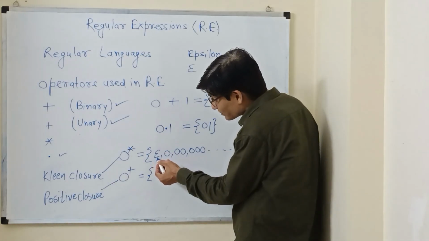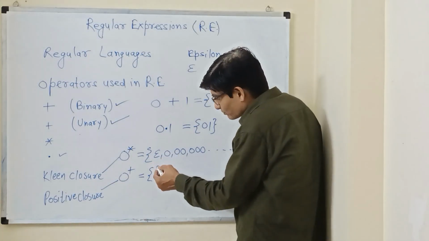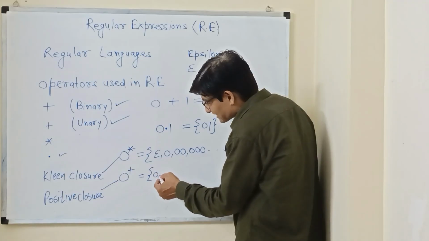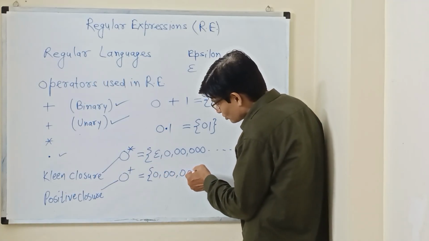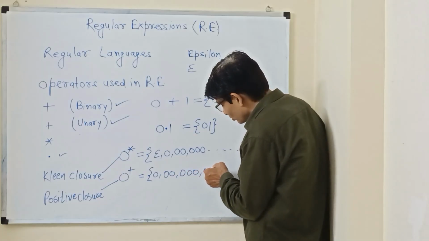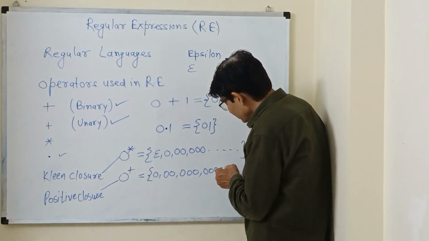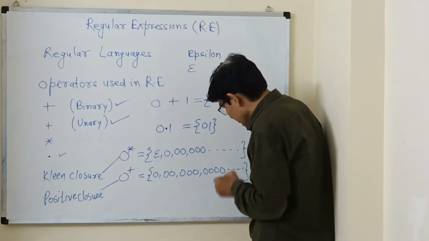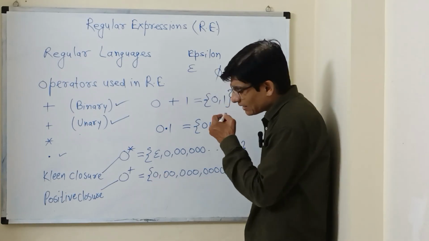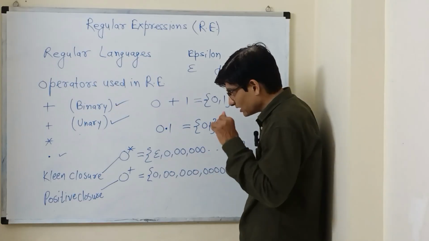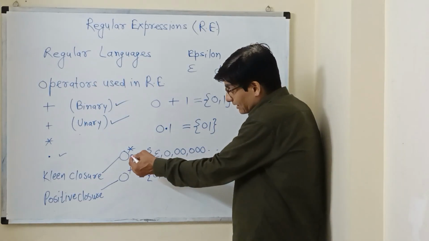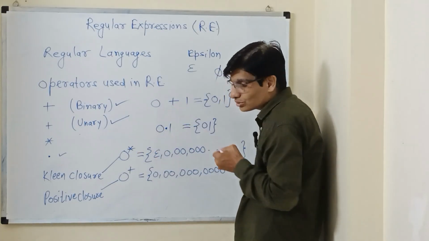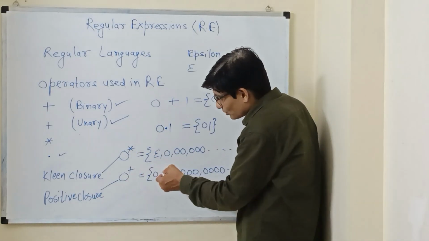So it cannot have zero occurrences of 0, that means epsilon will not be there in this set. So 0, 00, 000, 0000, any number of zeros you can write, and this is again an infinite set. But the difference between positive closure and clean closure is that clean closure also includes epsilon, but positive closure doesn't include epsilon.